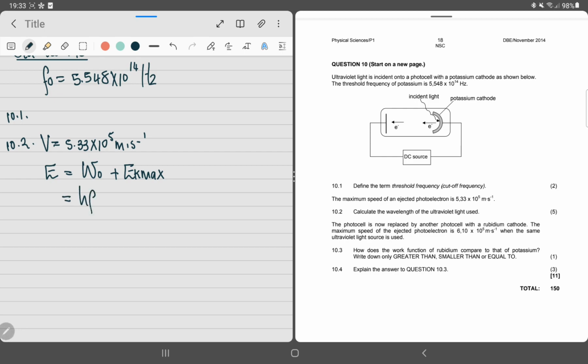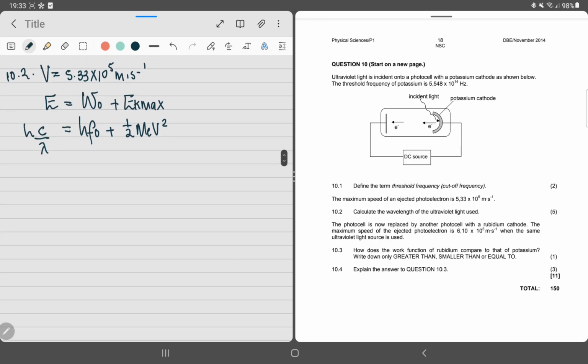We know that this is h f0 plus this is half the mass of the electron times v squared. This is hc all over lambda. This is Planck's constant.